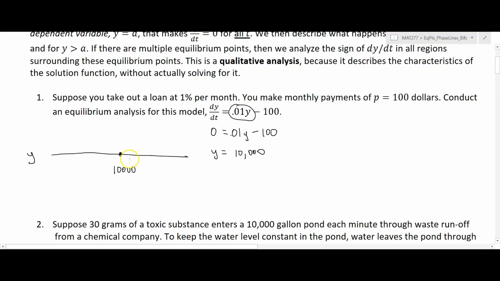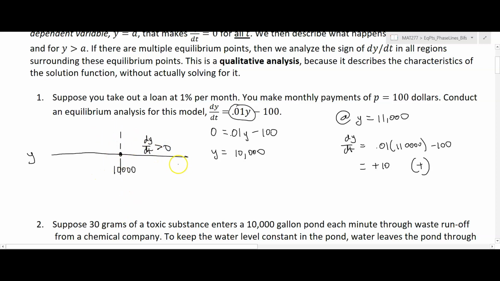If we pick a value to the right of 10,000, for example, y equals 11,000, and plug that into this equation to see the sign of dy dt, we get 0.01 times 11,000 minus 100, and that comes out to a positive 10. We don't care about the 10, we just care that the sign is positive. And so dy dt is bigger than 0 for all values to the right of y equals 10,000.